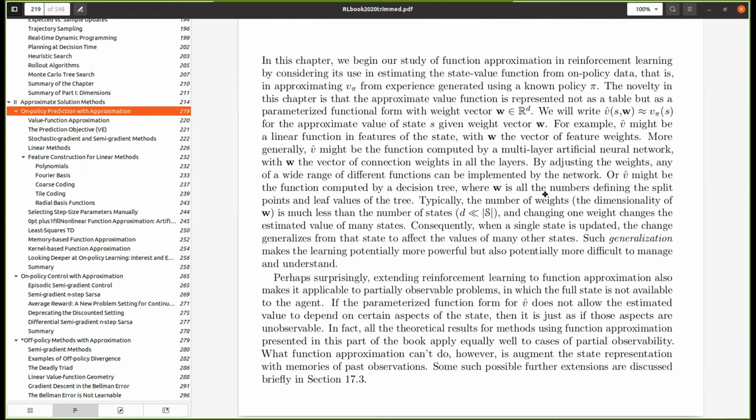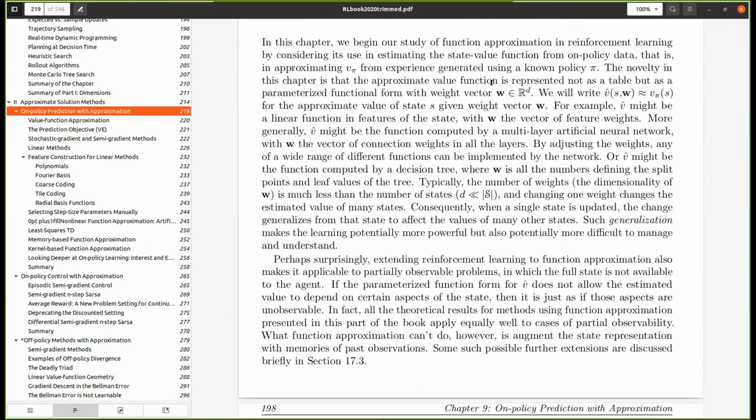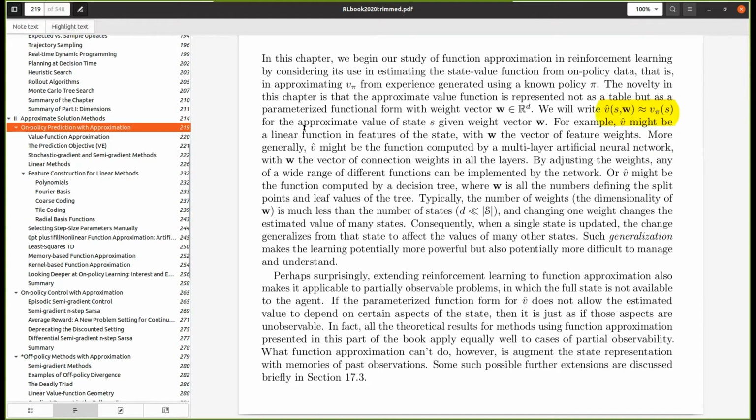Here you can see that v hat is a function of state and W, and it should be approximately equal to the true value function for a given policy pi.